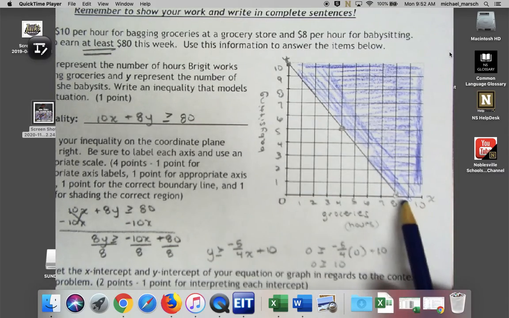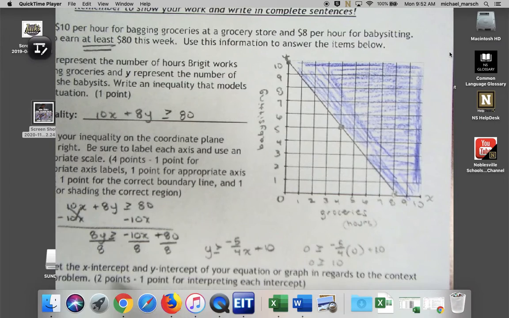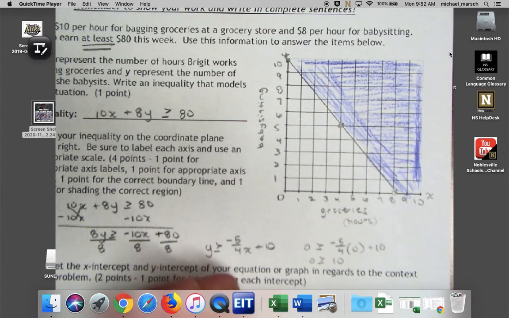Okay, so when we go down here, interpret the x and y intercept of your equation. Okay, so the x-intercept is 8, 0, right?